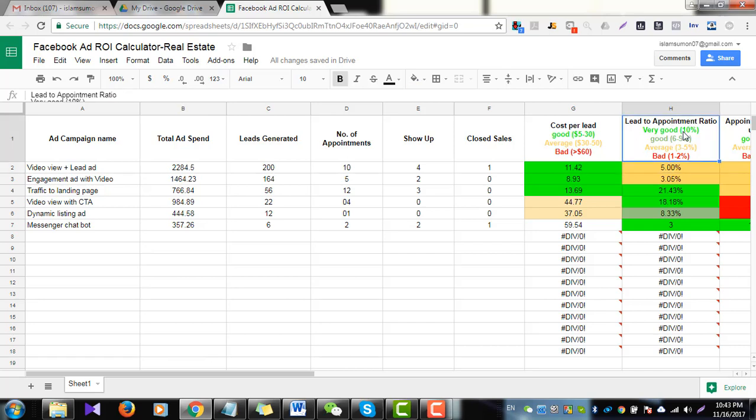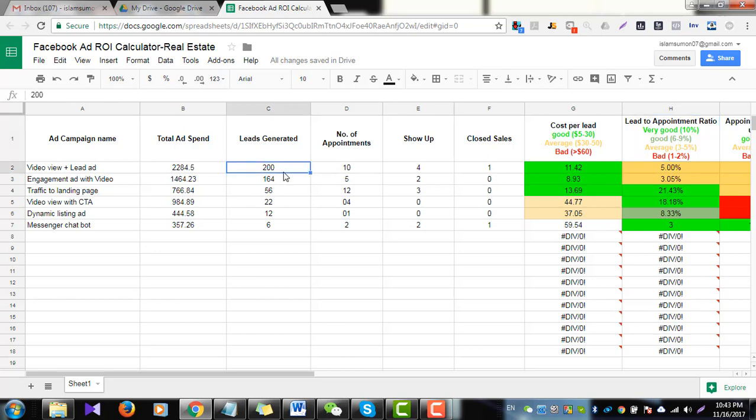If your lead to appointment ratio is above 10%, that means it's very good. That means out of every 100, 10 people you can close for appointments. That means you are performing very good. And between 6 to 9% is good. Industry average is 3 to 5%, and bad is 1 to 2%.